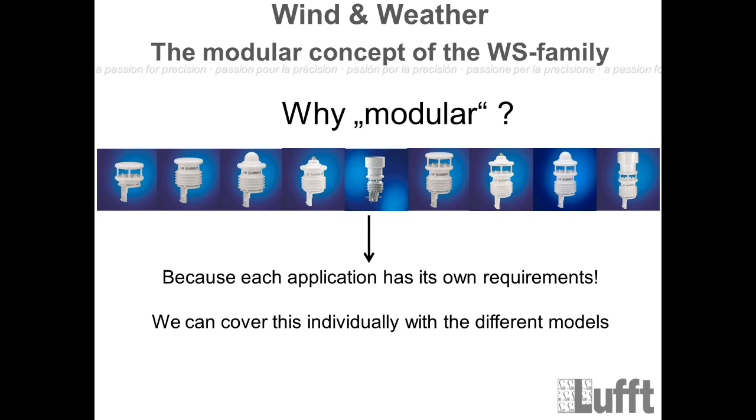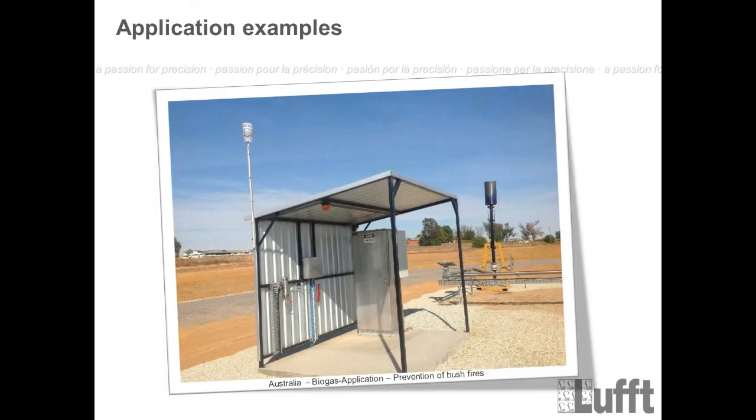All right. Okay, so now we go to the applications. I want to show you some nice applications we have with the WS family. For example, this one is a biogas application in Australia. If you check this photo behind here, we normally have a gas flame which will burn.